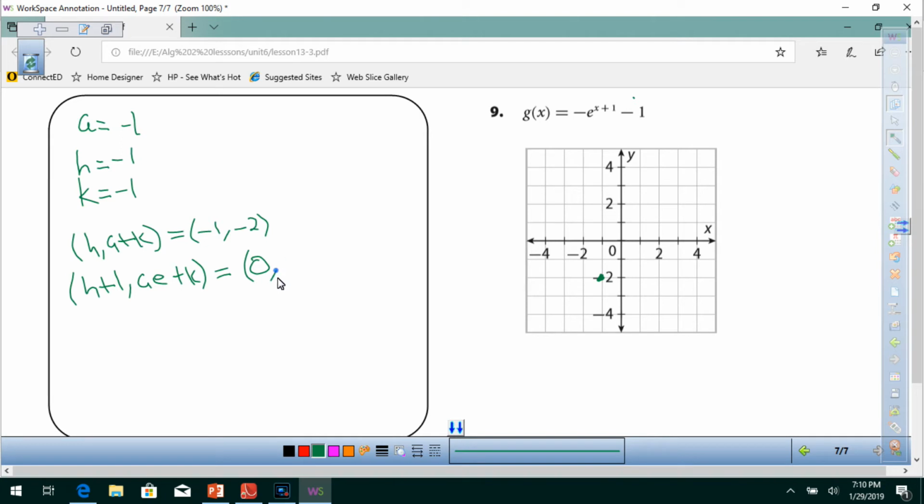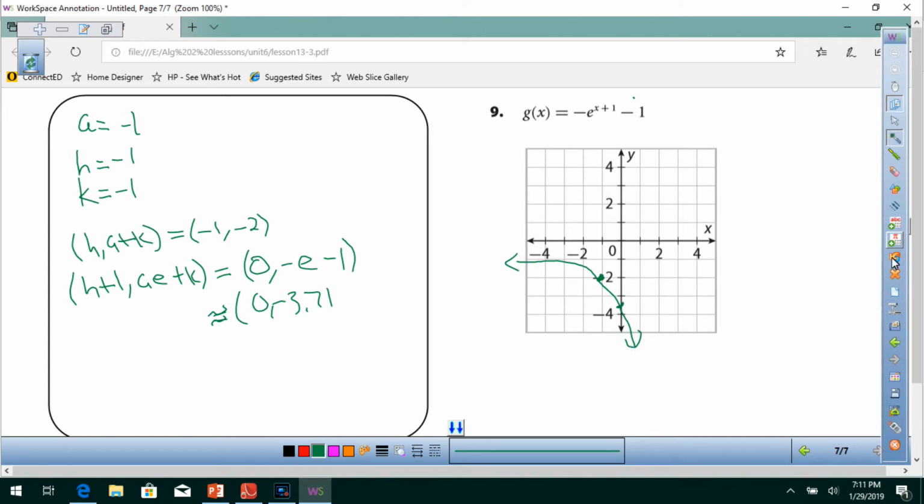And then -e minus 1. Okay, and so that's approximately 0, and it's -2.71, so -3.718. So 0 and -3.71, so that's going to look something like that. And I'm guessing our graph is going to look something like this right here.